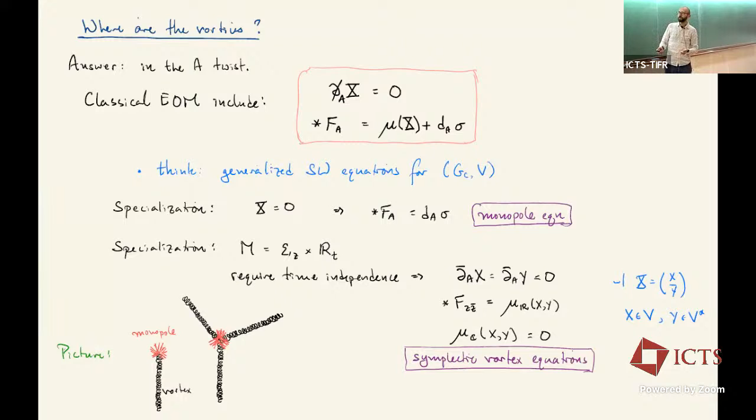One can imagine a vortex configuration where at some point some of the matter fields vanish, the x's become 0, and a smooth monopole interpolates between having a vortex and not having a vortex. That's the 3D dynamics.